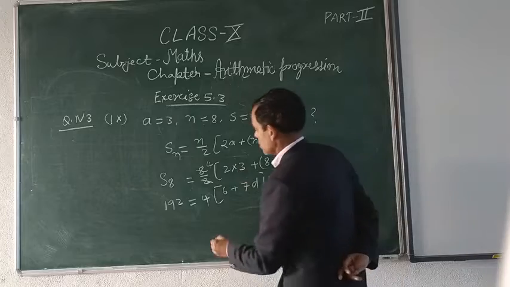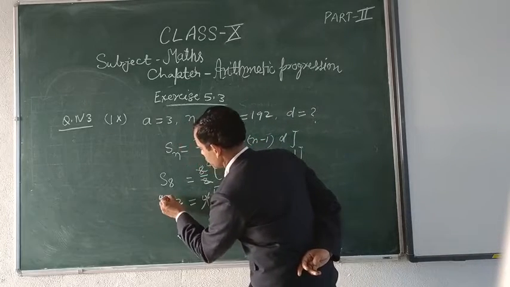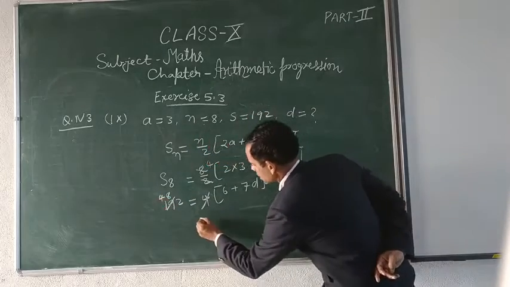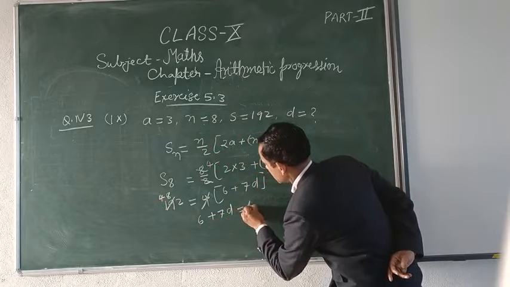Then 4 times 48 gives 192, so it will be 6 plus 7d equal to 48.